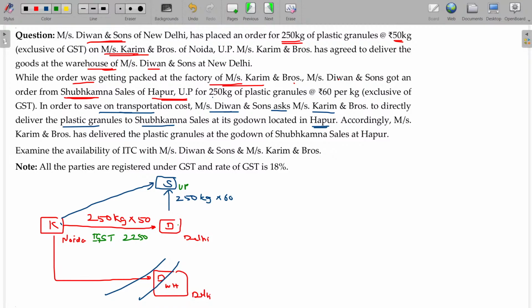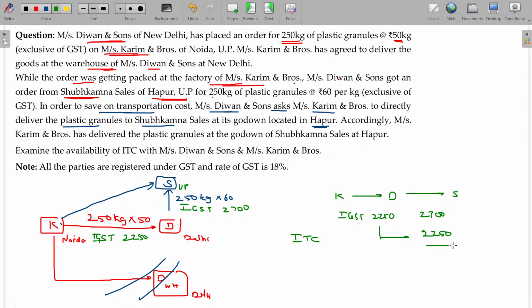2250. For D, he has to collect the IGST from Sukama, 2700. So for D, you know it's a supply from K to D, D to S. He supplies by collecting the IGST being 2250. For D, he collects 2700, and of course this may be available as ITC.